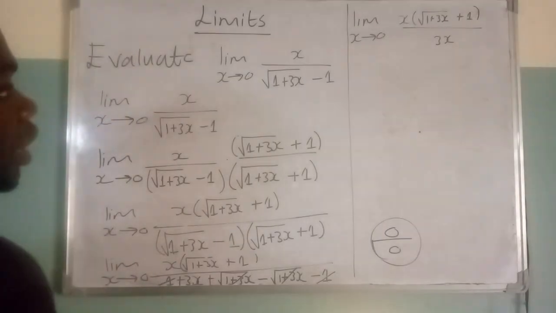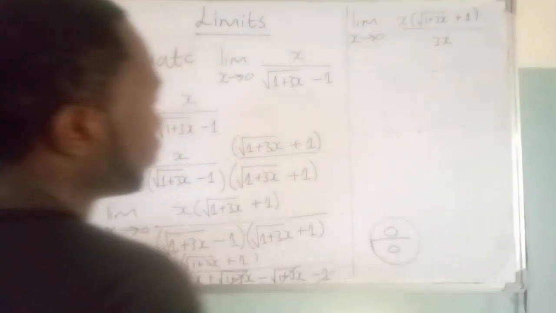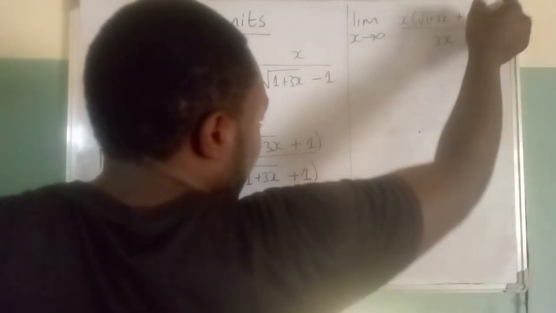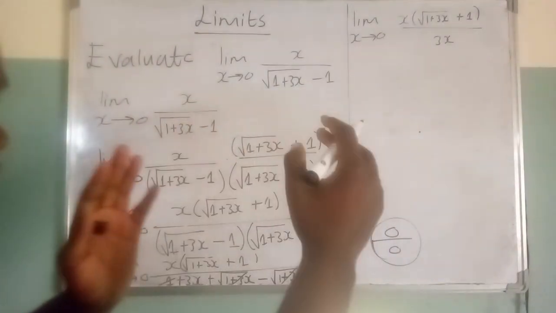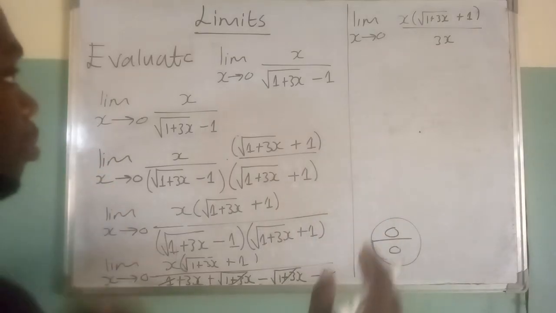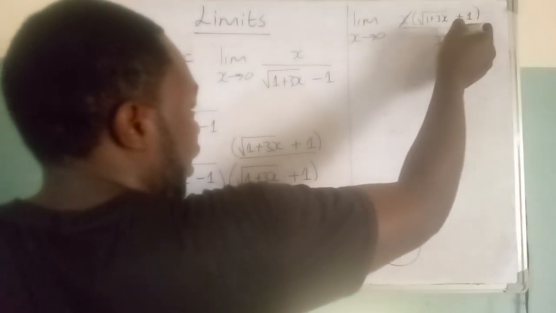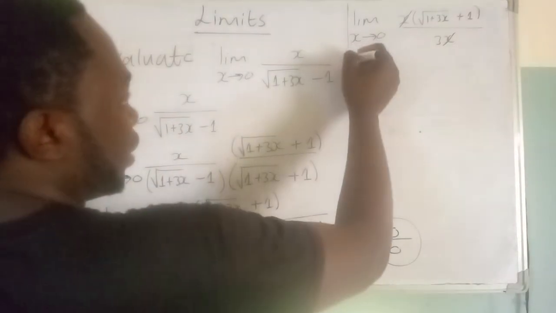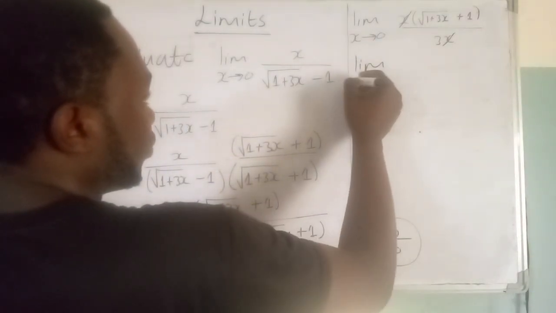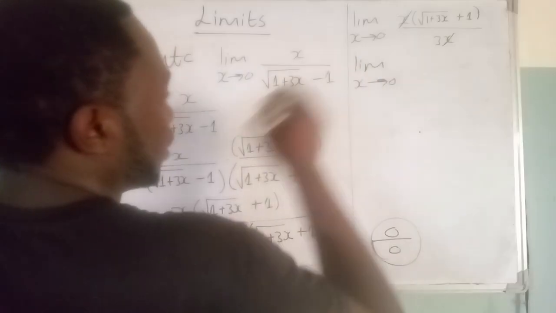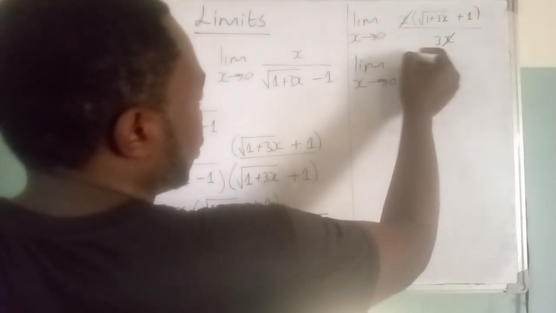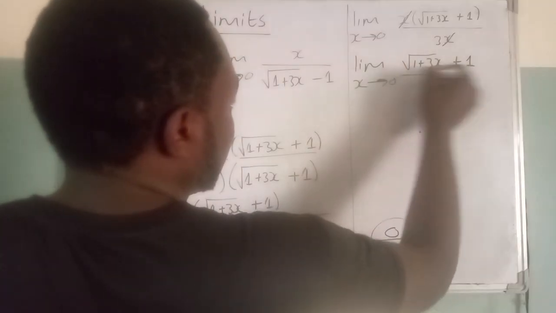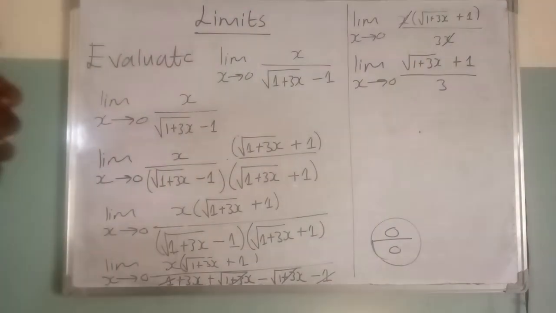When you look at the denominator and numerator, x is common. So this x is for everything in the brackets, meaning that you can cancel this x and this x on the denominator, and we'll have limit as x approaches 0 of the square root of 1 plus 3x plus 1, divided by 3.